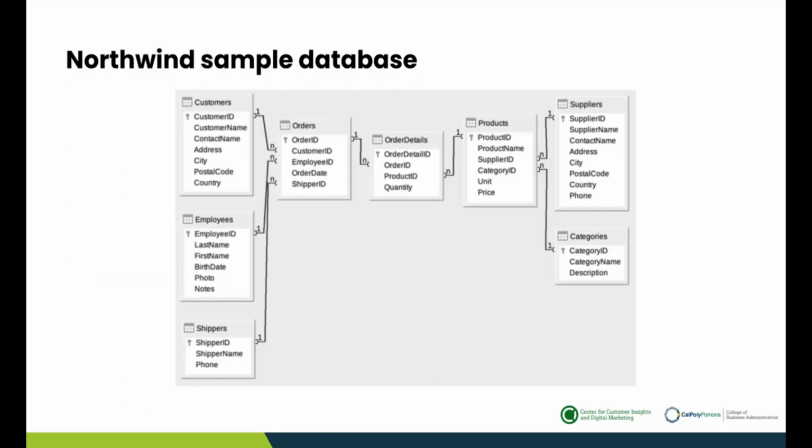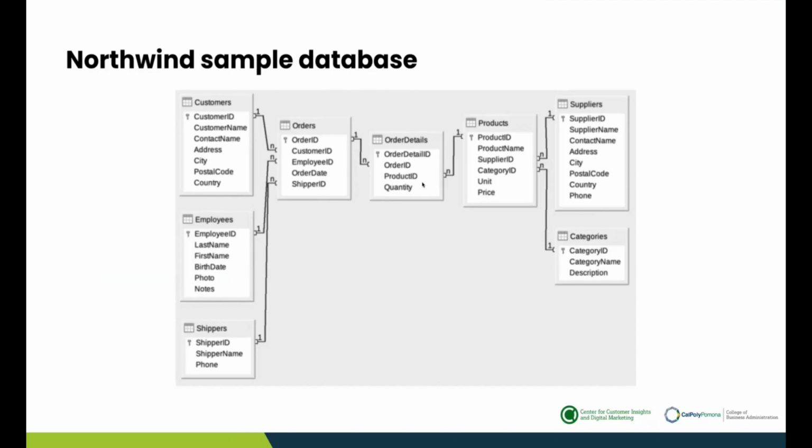And there are 8 tables in the database. You have the customers table, with information about the company's customers. You have the employees table, with all the details about the employees, and then you have the orders table. It has the records of customer orders, including order dates, associated customer, and employee information.